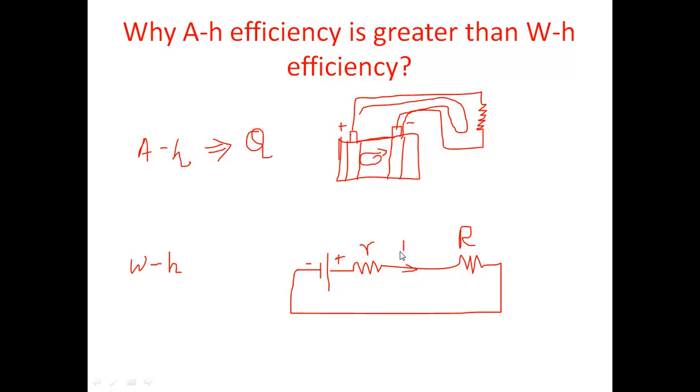And this is the current flowing through this circuit. We all know that the internal resistance of the battery is always connected in series with the battery and the load resistance. Therefore, some amount of I square R losses will occur in the internal resistance when the current flows through the battery. This internal resistance was not considered while calculating the ampere hour efficiency. That is why the ampere hour efficiency comes out to be slightly higher than the watt hour efficiency.